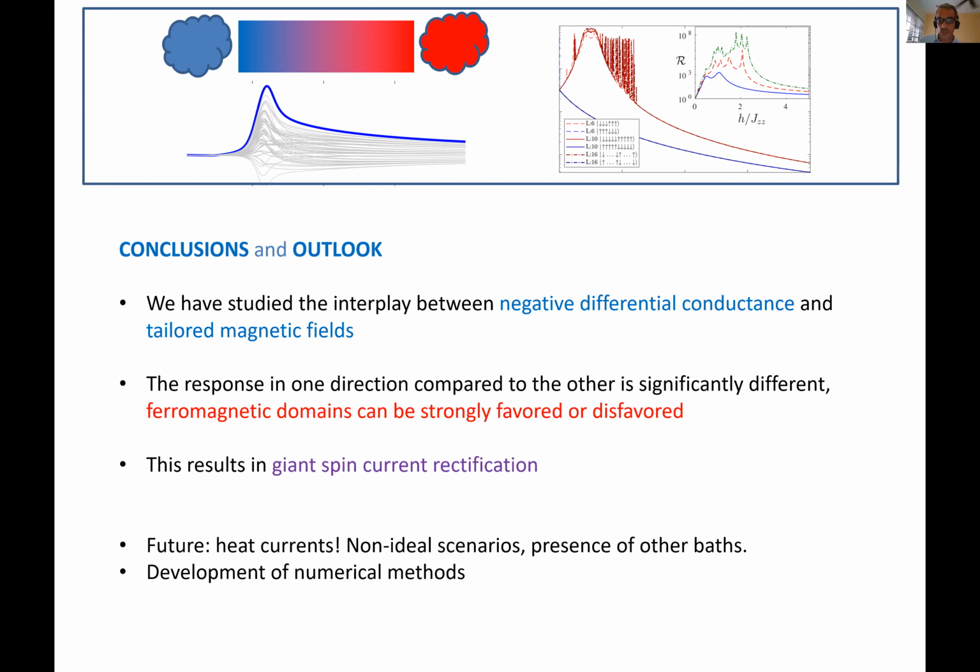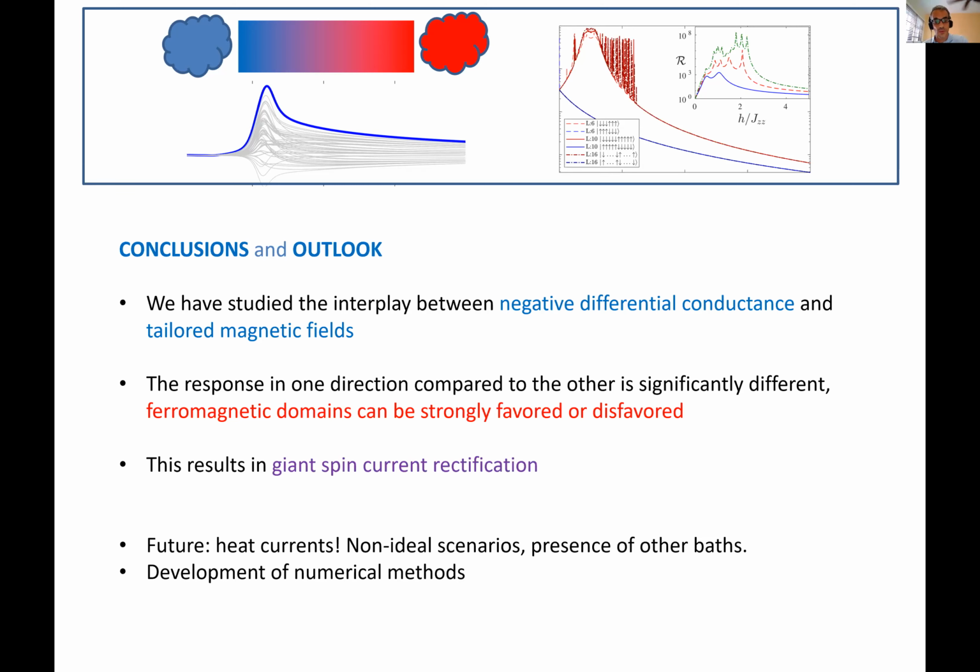While in the other direction, the magnetic fields go against the formation of these ferromagnetic domains, and so the insulating solution is unstable, and you will have current, and this results in giant spin current rectification.